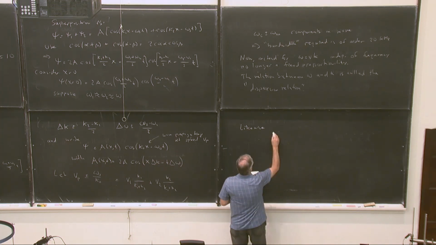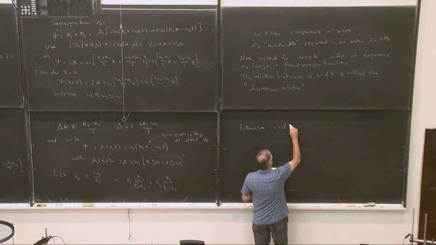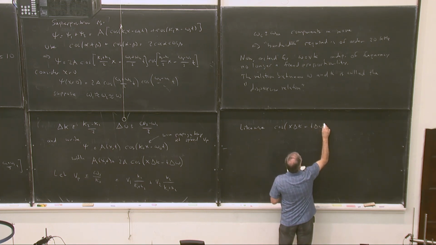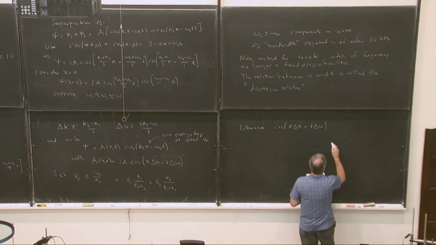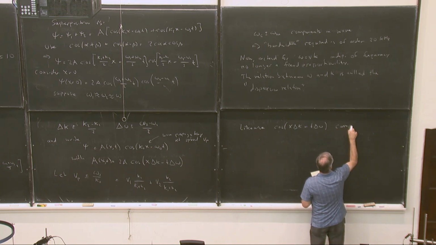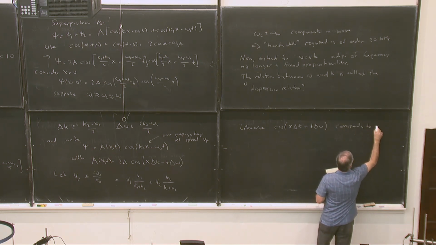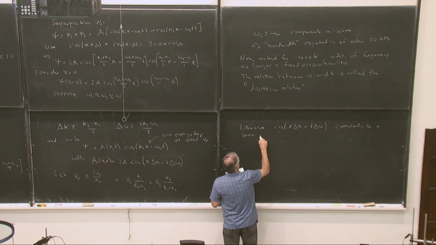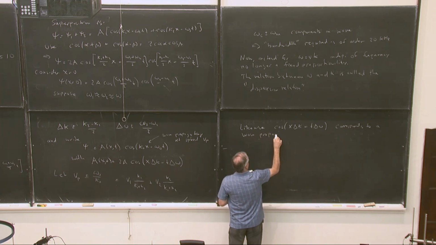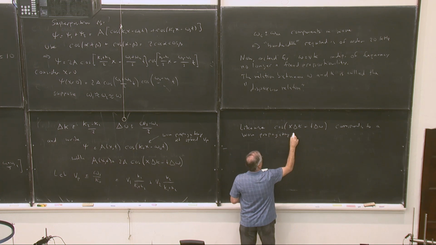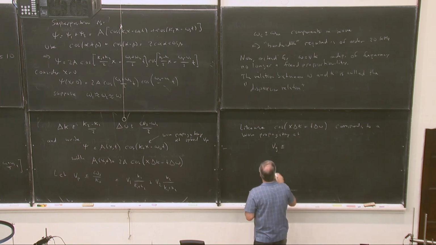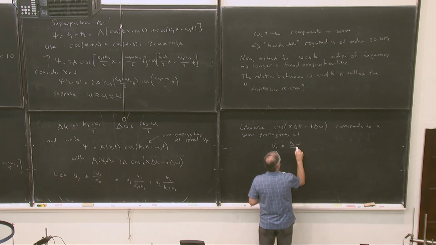So likewise, cosine x delta k minus t delta omega corresponds to a wave propagating at the speed v sub g, which is just equal to delta omega divided by delta k.